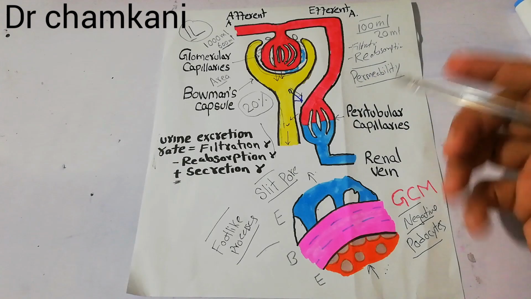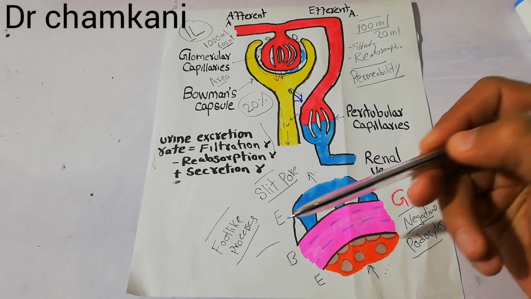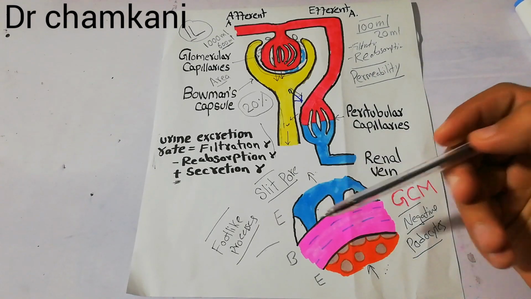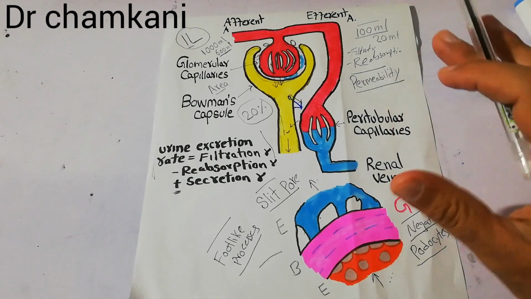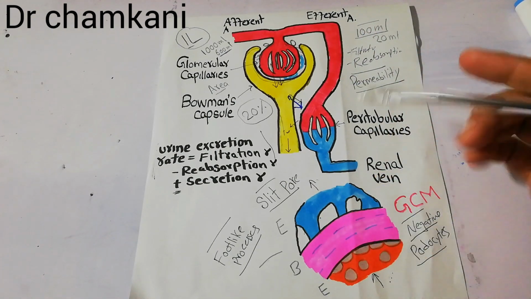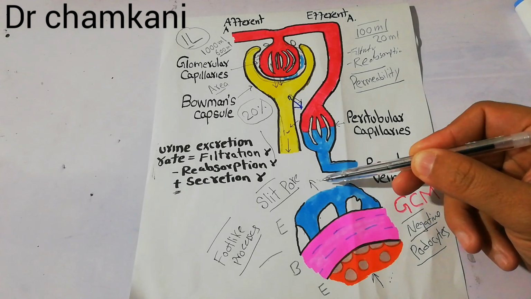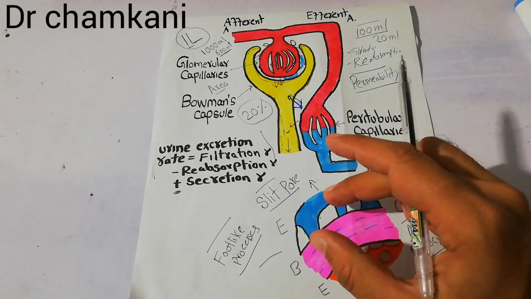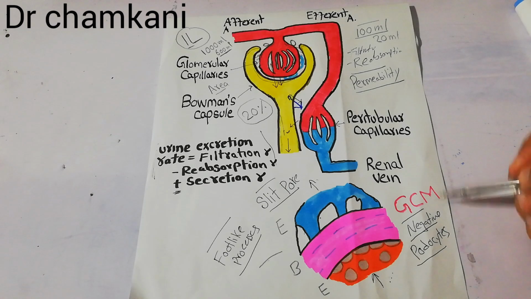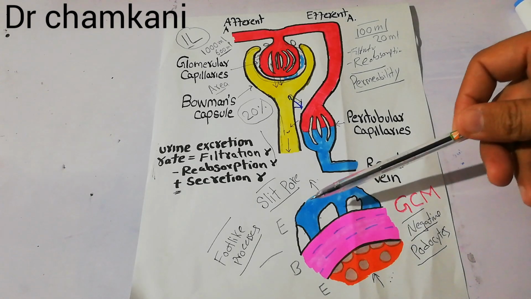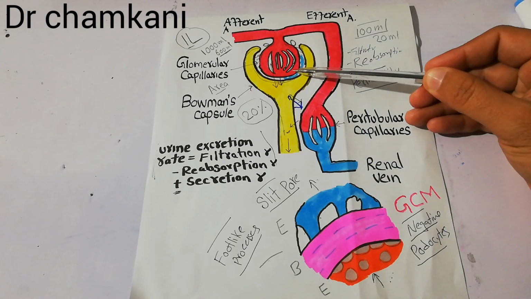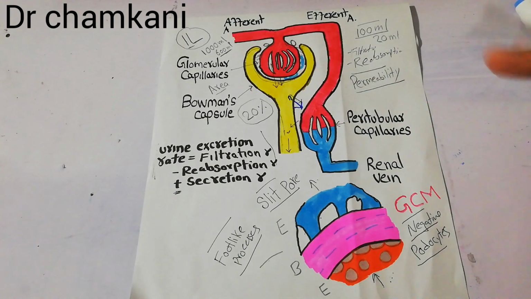Now the slit pore of the podocytes and the foot processes of the podocytes, the third layer of the glomerular capillary membrane, also make sure that water and solute should move this way, but proteins should not move, and they also have negative charge. So all three layers of the glomerular capillary membrane, the endothelium, the basement membrane, and the epithelium, all have negative charge.